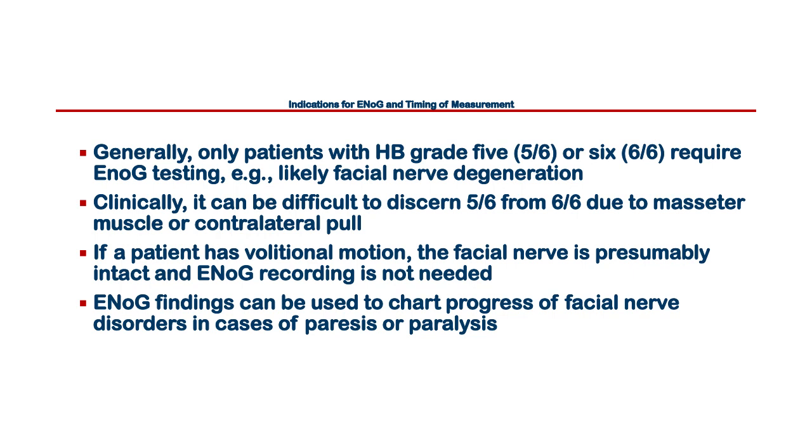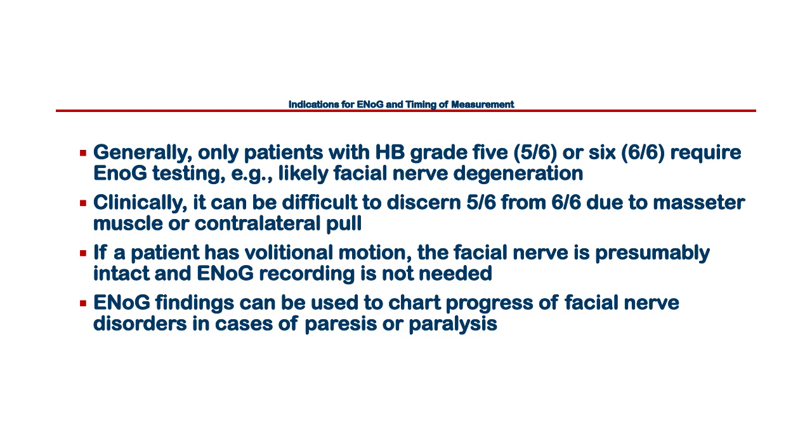Okay. As I've already mentioned, the only time you're really going to consider ENoG is if a physician says perform an ENoG in this patient, and they have their reasons for doing it. Of course, I will be happy to do that. But typically, if they've had the House-Brackmann grading scale applied to them, you're not going to do the ENoG unless they're down at a 5 or a 6.